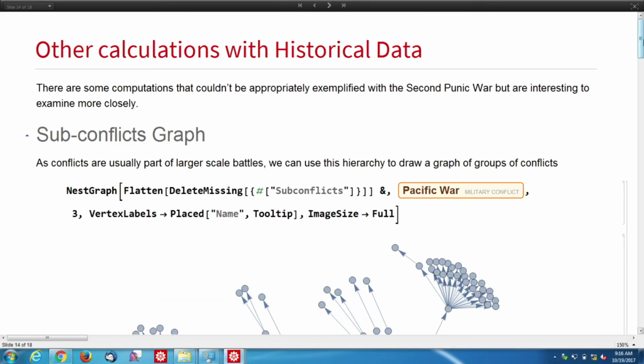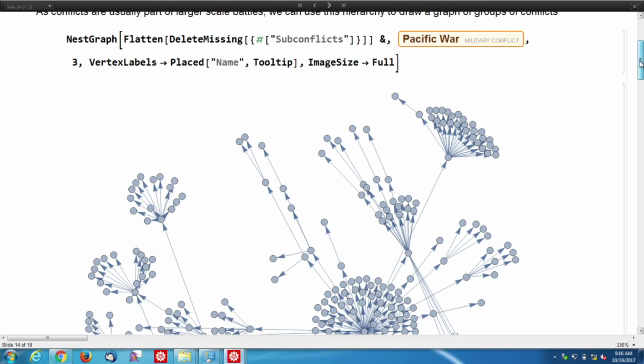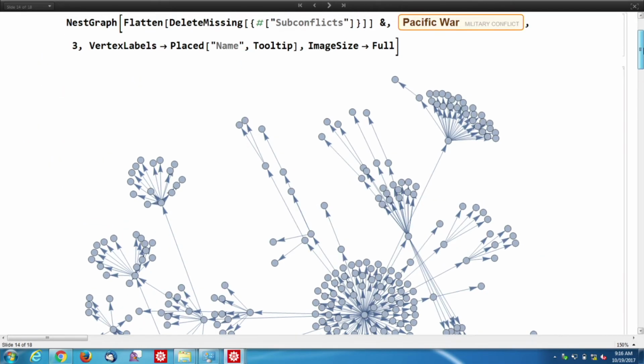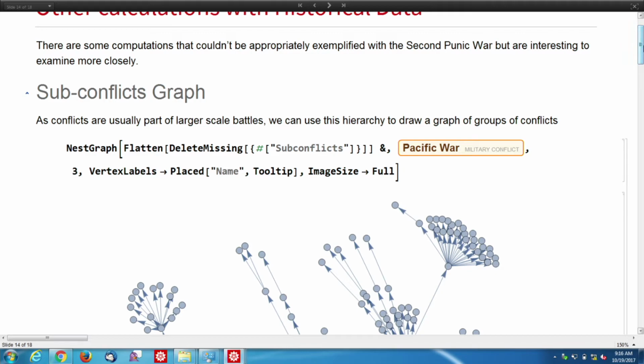Now, this is basically the outline we can give with the Second Punic War. But there are a few things I couldn't explain with that war because of the nature of the war. For instance, this graph examines the sub-conflicts, the hierarchy between conflicts in the Pacific War.